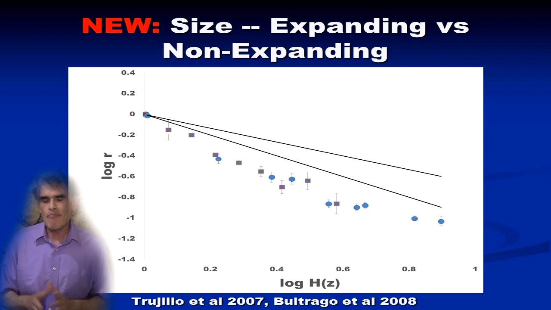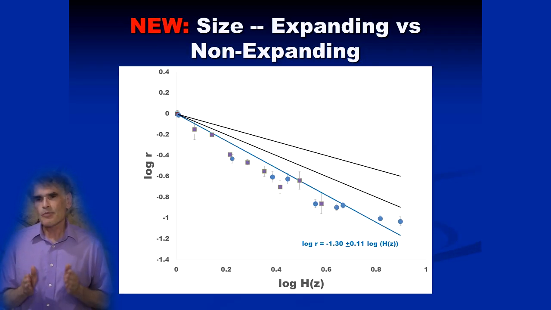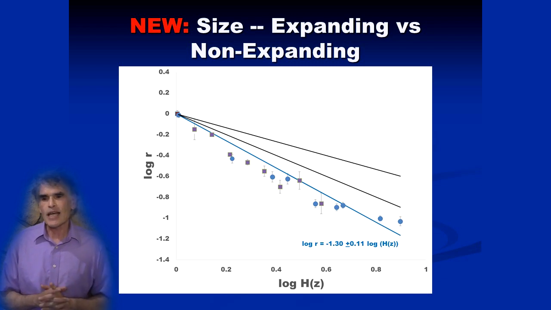Well, maybe this is just an illusion. Let's see what happens if nonetheless we say, all right, theoretically there should be a power law relationship between H(z) and size. Well, let's plot the best fitting power law to this spiral galaxy data. And we get, of course, a slope that is, again, well outside the theoretical limits.